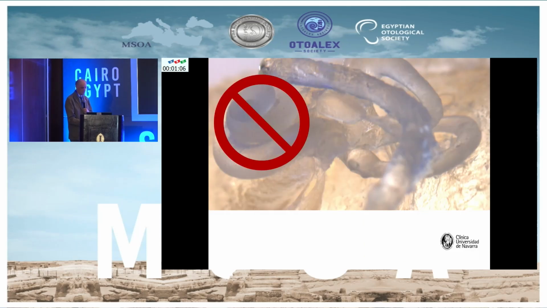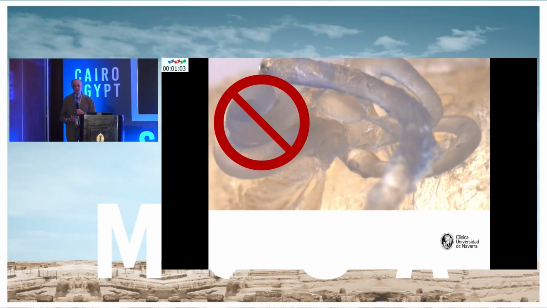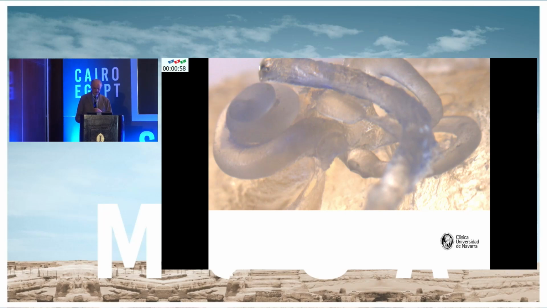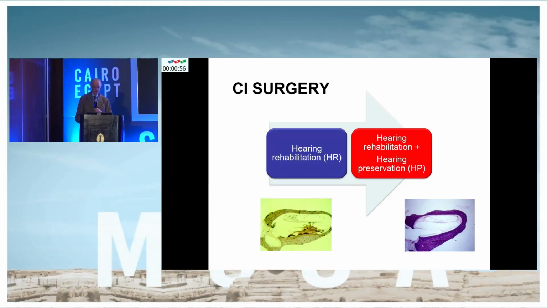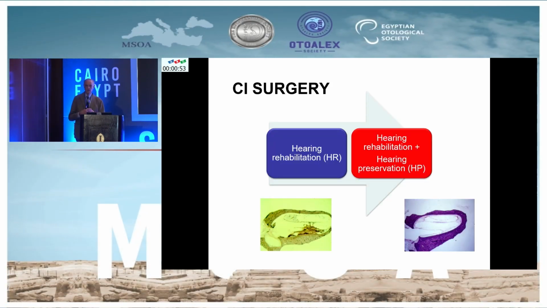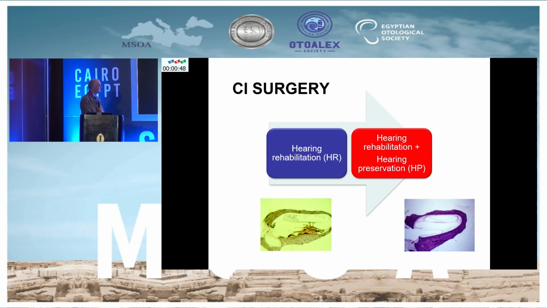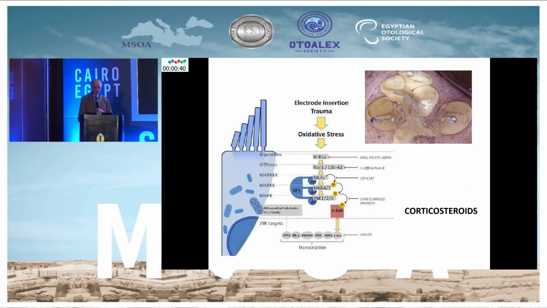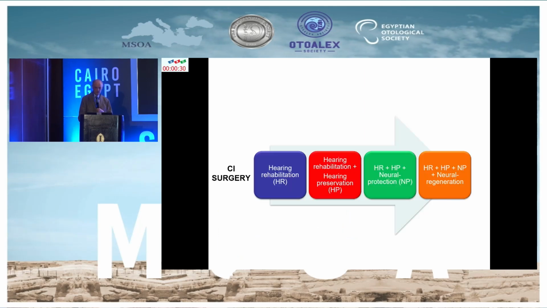So, conclusions: the cochlea is not an untouchable organ, so we can approach it. But it is important to know this anatomy, to know that we are now not only achieving hearing rehabilitation through cochlear implants, we need to preserve the structures of the inner ear, and even to know that if we add corticosteroids, we are able to control the electrode insertion trauma that we can produce.